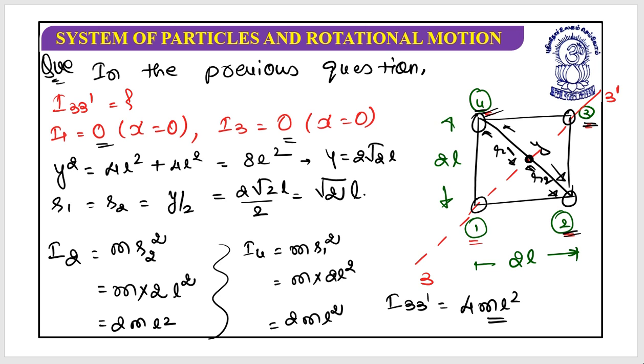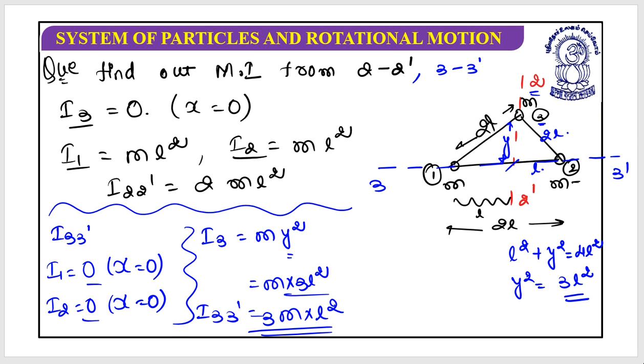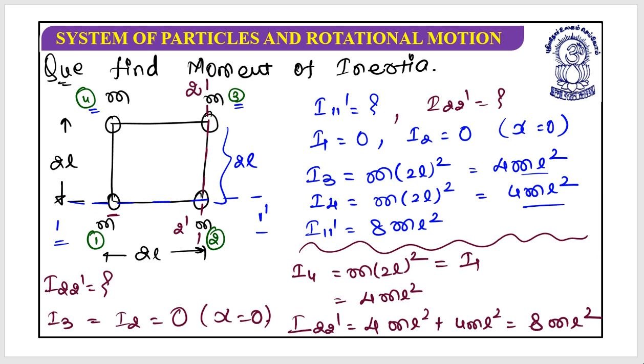So when you write the moment of inertia, you have different values. Let's have a look quickly: if you rotate this triangle from here, the I33 dash was 3ml square. And if we are talking about this square plate, where point masses are attached at the vertices, then I11 dash or I22 dash was 8ml square.